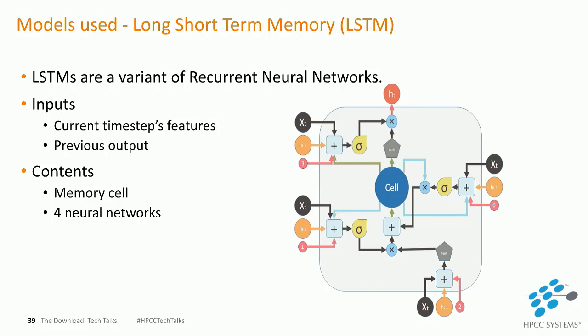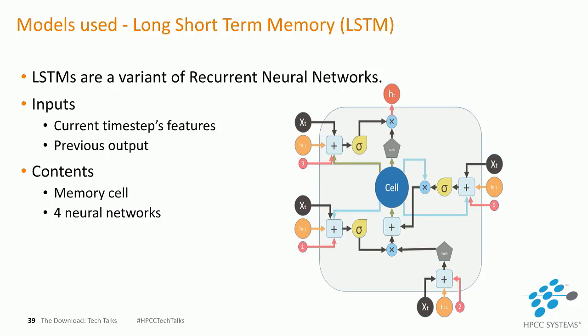Say for example the model thinks it's apt to remember 20% of the old memory. This network would give an output of 0.2, which is multiplied with the old memory and then added to the new memory. The second network, with bias 2, uses a tan-H activation function on the new input, which has to go into the cell.